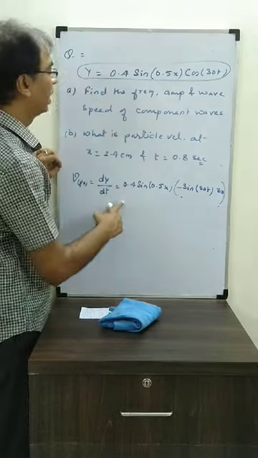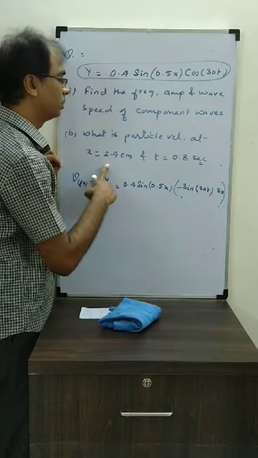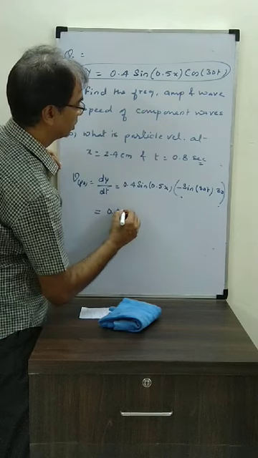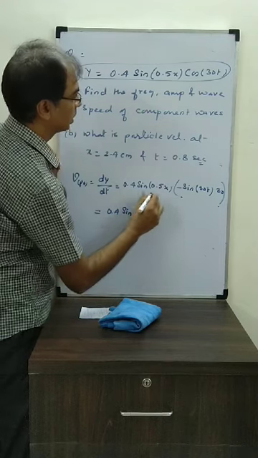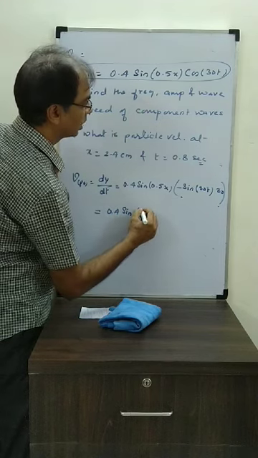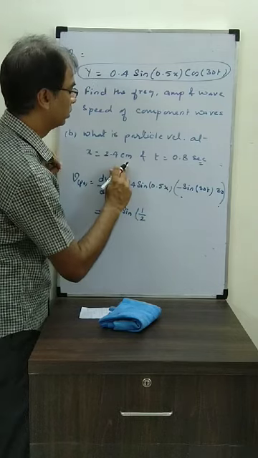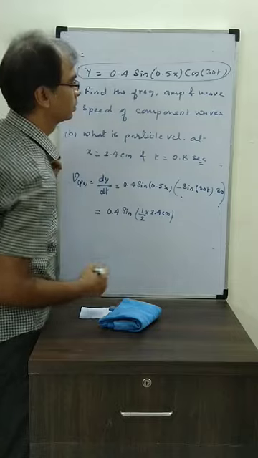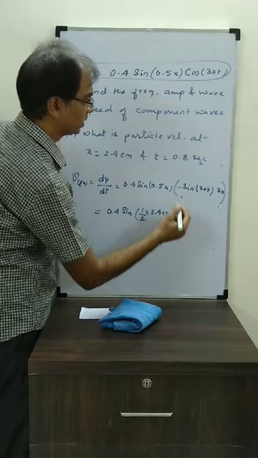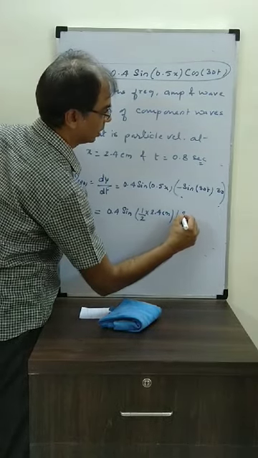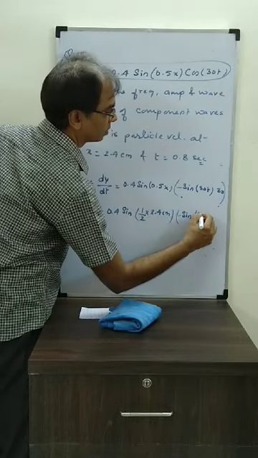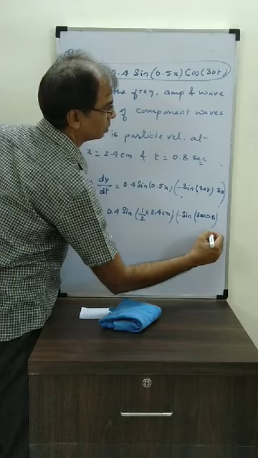Now put in the values. It's given x as 2.4 centimeter and the time. So 0.4 sin(0.5, which means half, times x value 2.4 centimeter), then minus sin(30t), where t is 0.8, into 30.